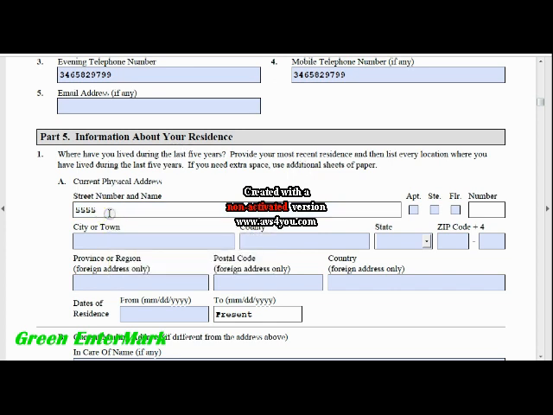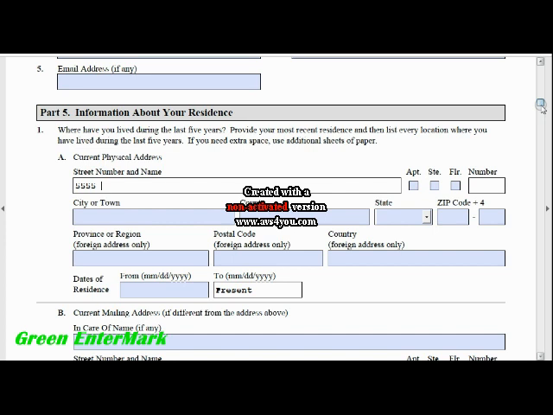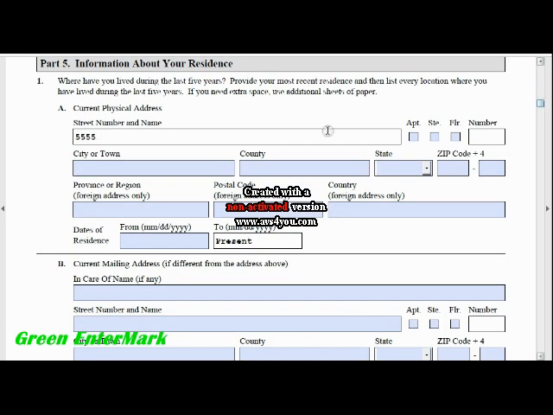You have to give the information about your current residence in Section A, and you have to mention all the addresses where you lived in the last 5 years, in order: first the current physical address, your apartment, floor, then city, county, state, zip code.